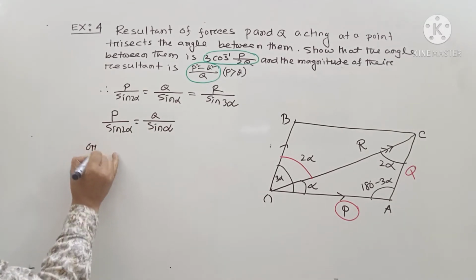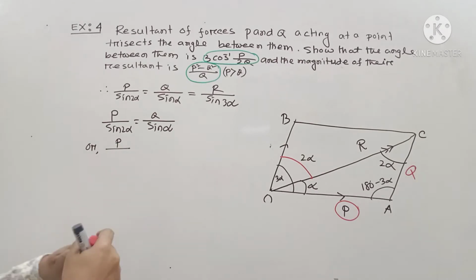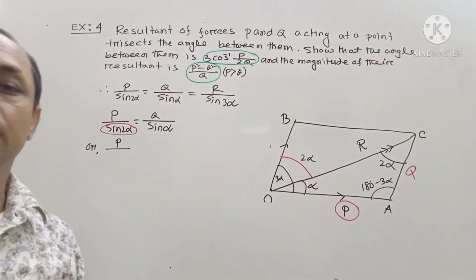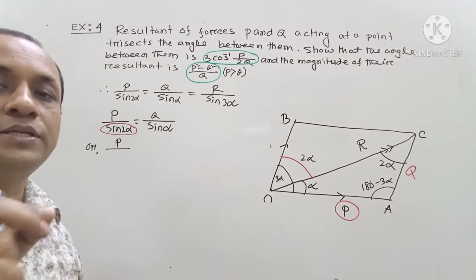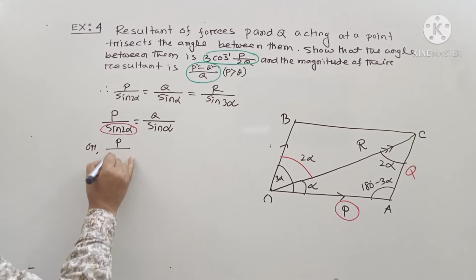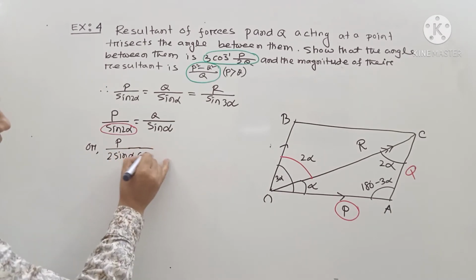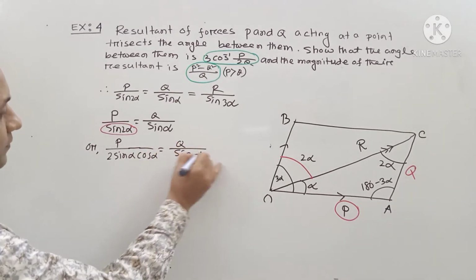Now we use the trigonometric formula: sine 2 alpha equals 2 sine alpha cos alpha. So P by 2 sine alpha cos alpha equals Q by sine alpha.